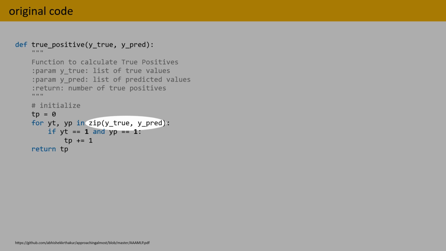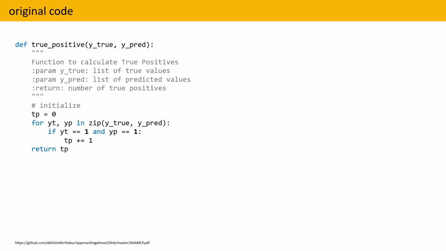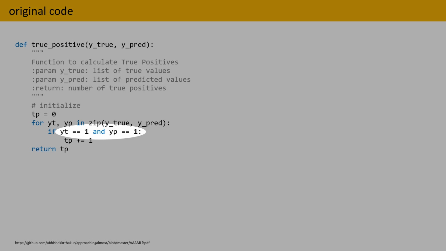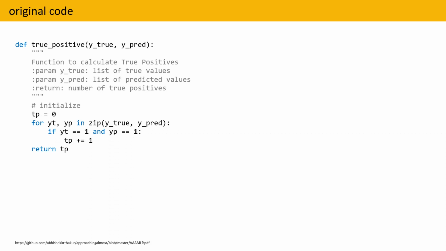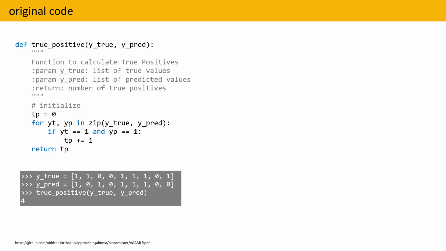We zip the true and predicted class labels, and if they're both positive, we increment the counter for true positives. Easy to understand. If we run this code on the example data shown, we get the correct number of 4 true positives.